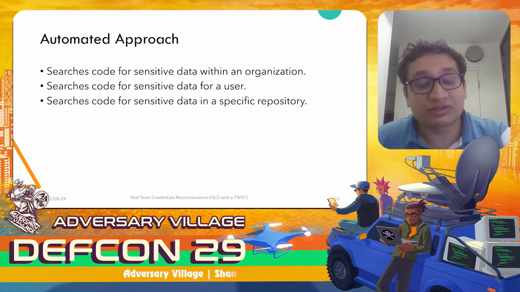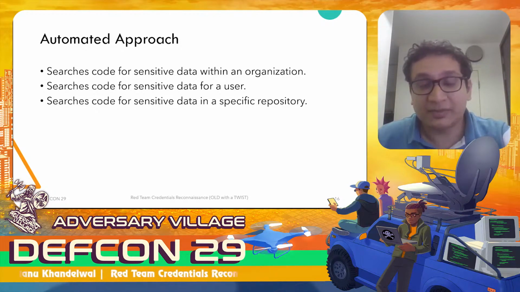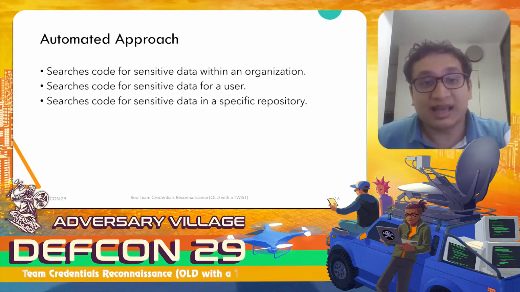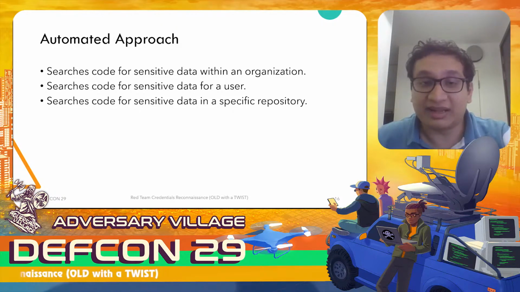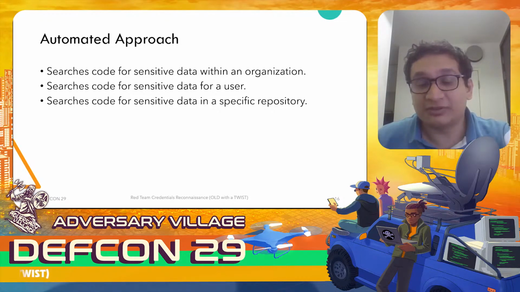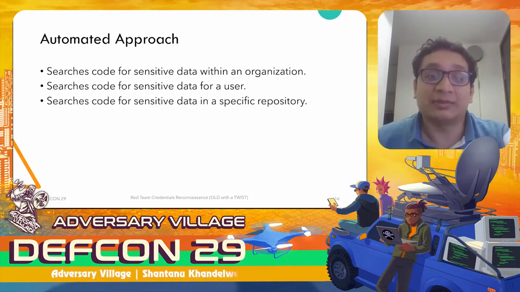Another approach to search for passwords is using an automated approach, which is using the current tools, namely Trufflehog, Git Secrets, Git Scan, etc. The disadvantage of using these tools is that they will only search the repositories within an organization, for a specific user, or in a specific repository. This is because GitHub does not currently allow you to search all of its repositories using the API.